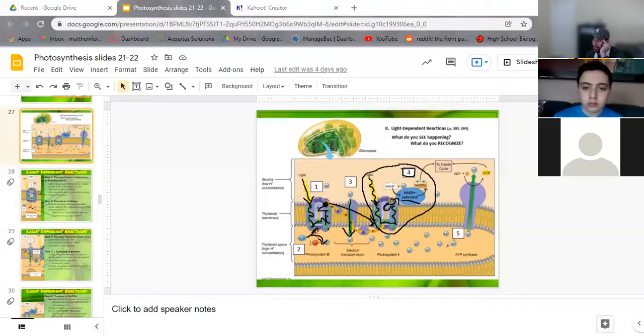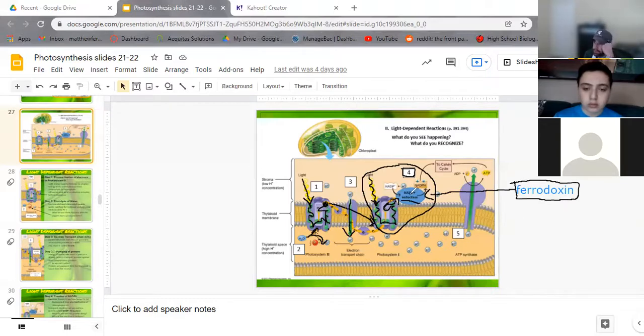If you're looking things up, you might also see the term ferredoxin. This is NADP plus reductase. I refer to it as both in class, but on the test, I would write NADP plus reductase, but in real life, you might also see ferredoxin.